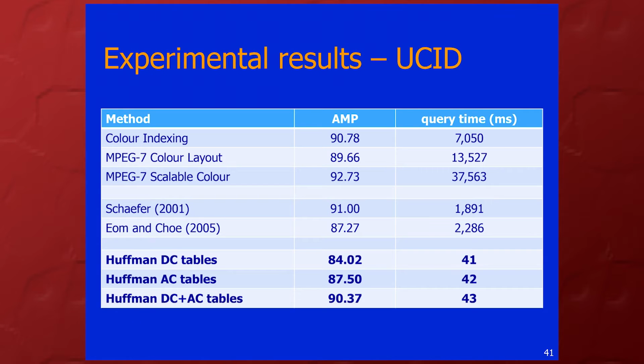And we can again run the experiments, and again, all the stuff that we've seen before. Now we can see how well the AC tables on their own work, and we see that again, that's quite useful.